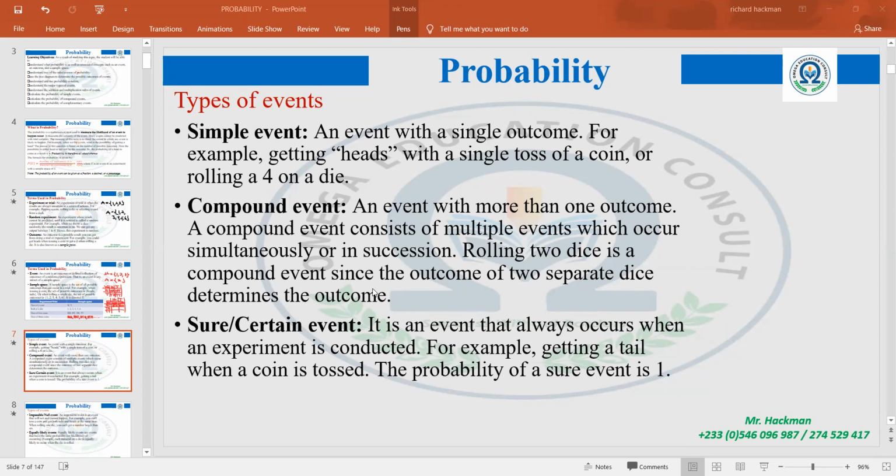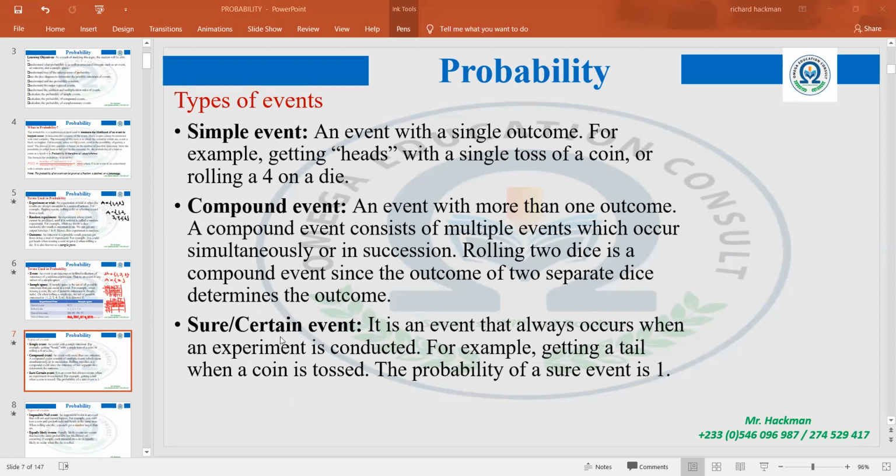If you have 1 tool, let's say a die, what will come out of it will be simple. But if you have 2 dice, or a die and a coin, you are dealing with a compound event. You can have 2 coins too, and that is a compound event. However, if you are dealing with only 1 coin, the outcomes will be simple events. Is my point well made?